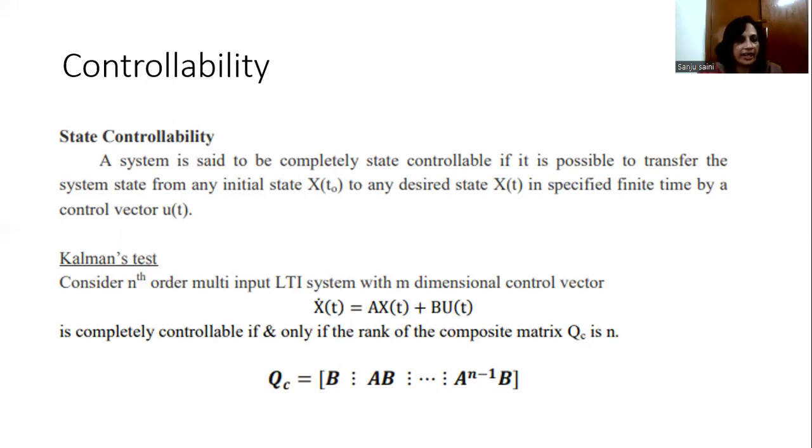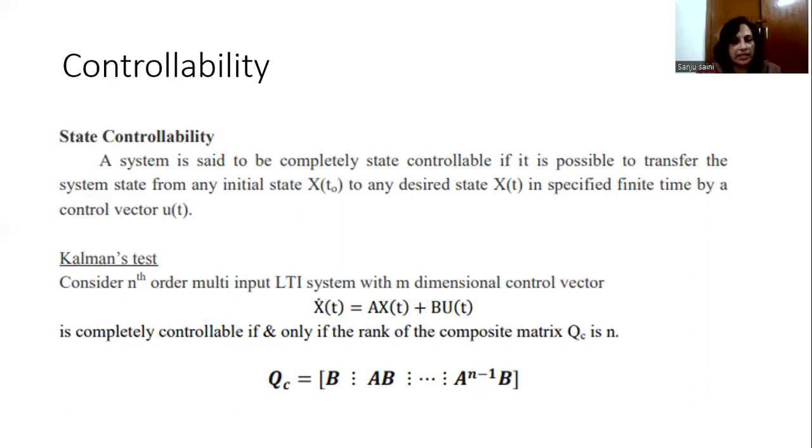And how do we decide the controllability of the system? That can also be ascertained with the help of the state variable model. So we just consider the state equation of the system, x dot t is equal to Ax(t) plus Bu(t).